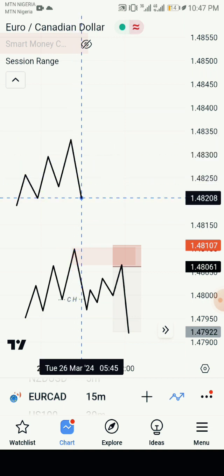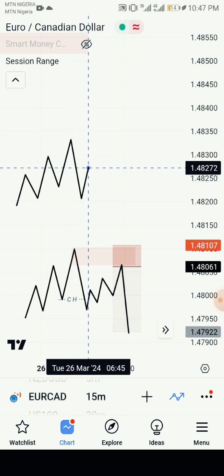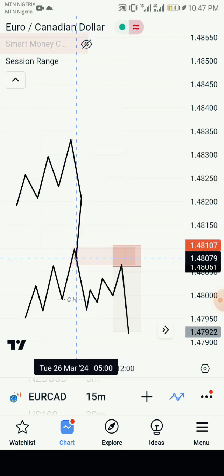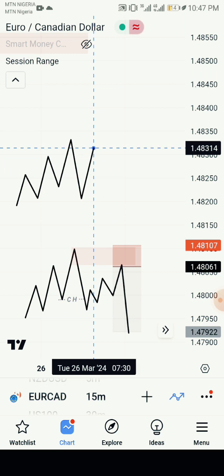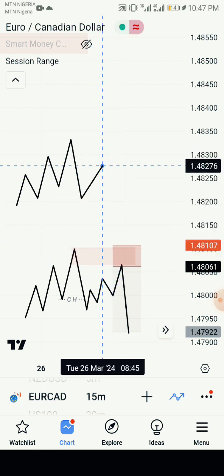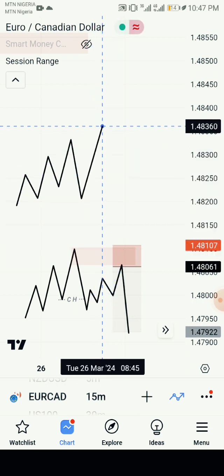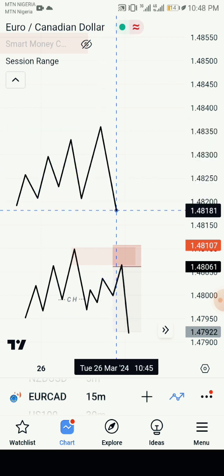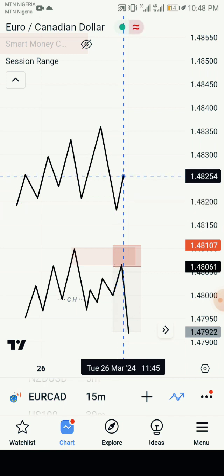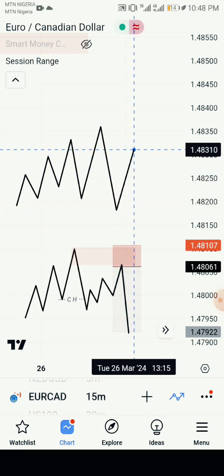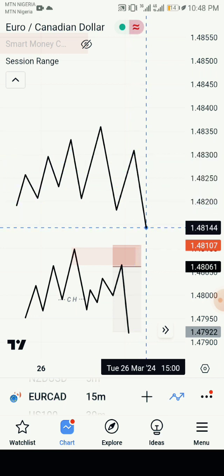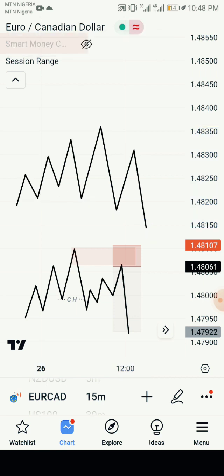A break giving us a change of character, right? But what happens? Price was supposed to come back here, as in this instance, price came here, right? Price was supposed to come back here and drop down like how it did here, but it didn't do that. It swept the liquidity again. I see the sweep, and then price finally broke structure downward. It broke downward, it came back up here, and it dropped.